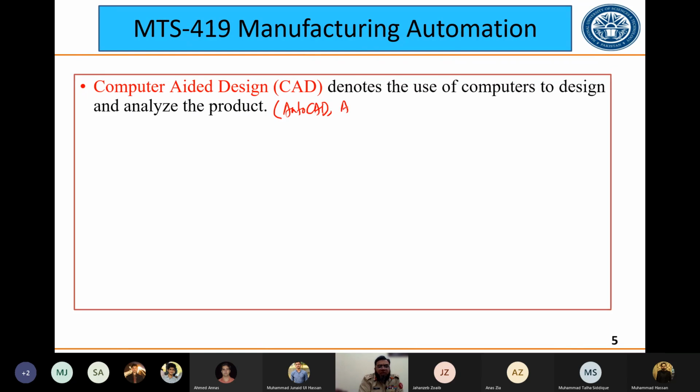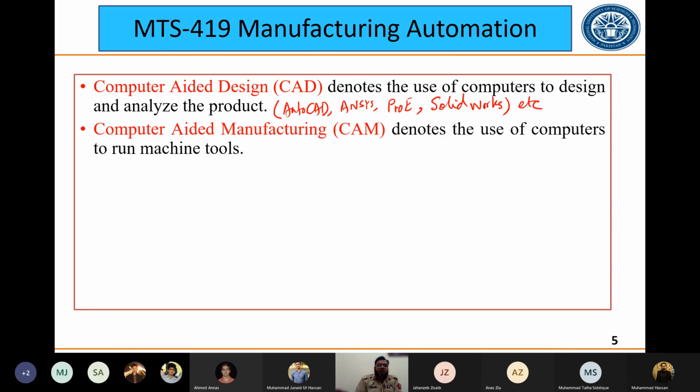You must have used ANSYS also. Maybe you have gone through Pro/E also, and some of you might be familiar with SolidWorks also. So these are the tools to design and analyze a product.